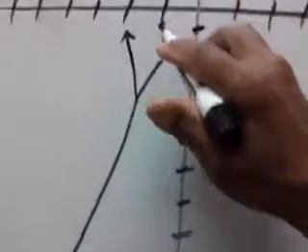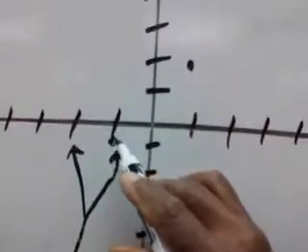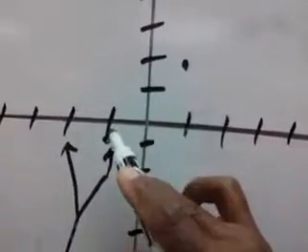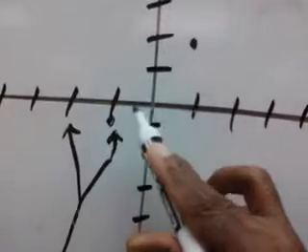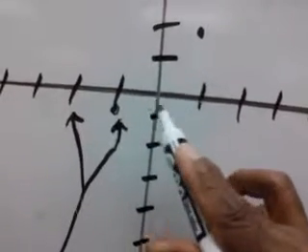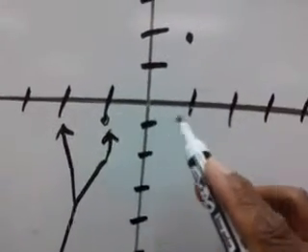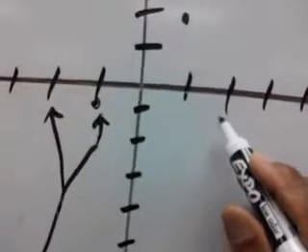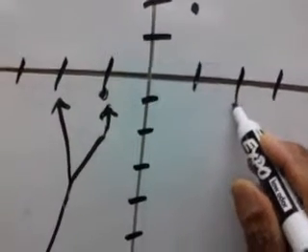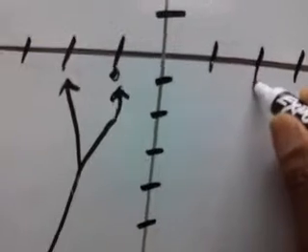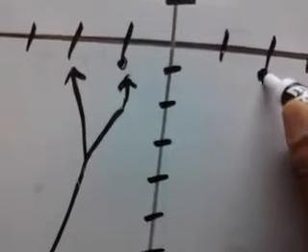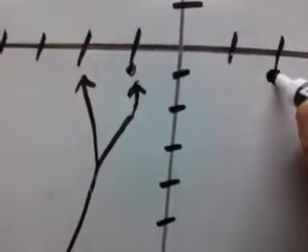So this point here is 2 units on the left side of the vertex. So you have another point at that same level, 2 units on the right side. So really you're just duplicating that point, but you're putting it on the right side of the vertex.